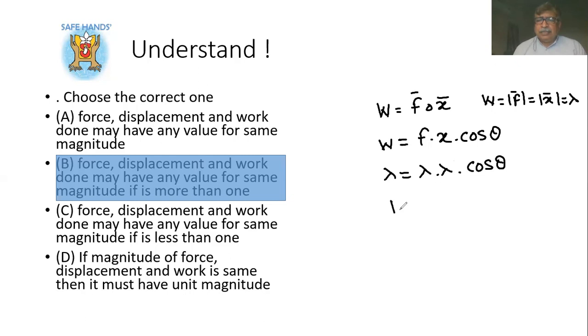I certainly can get 1 is equal to lambda into cos theta. And now comes the trap. Cos theta is always less than 1 or at the most equal to 1.